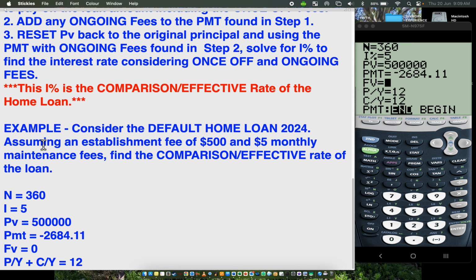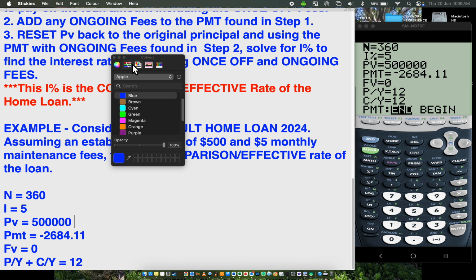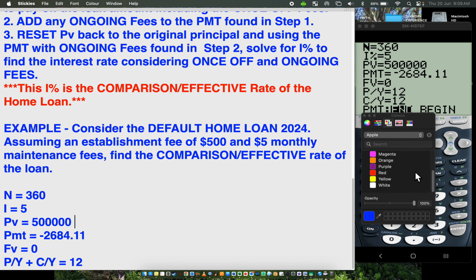But in our example, is there a once-off fee? The establishment fee of $500? Good. So that gets added. I'll do the things that I'm adding in red. That gets added onto this. So the PV becomes 500,500. And then we solve for PMT.